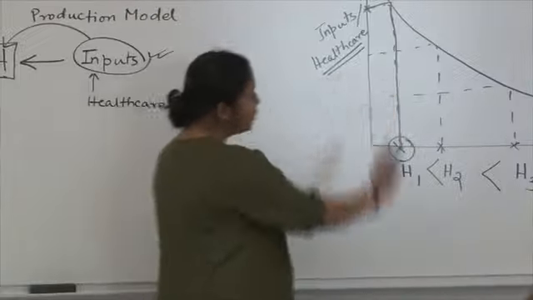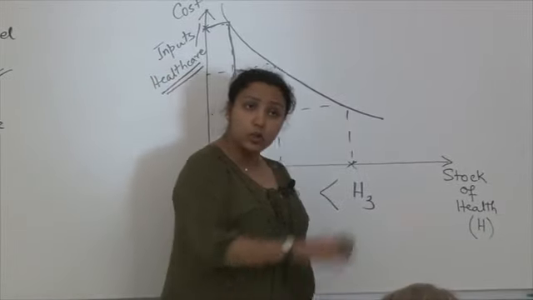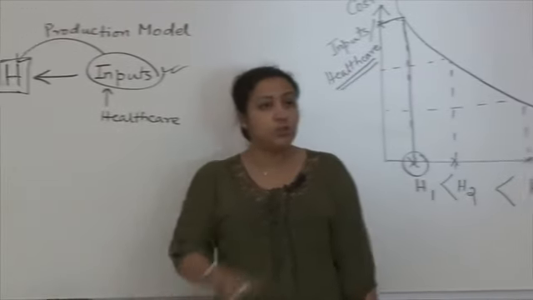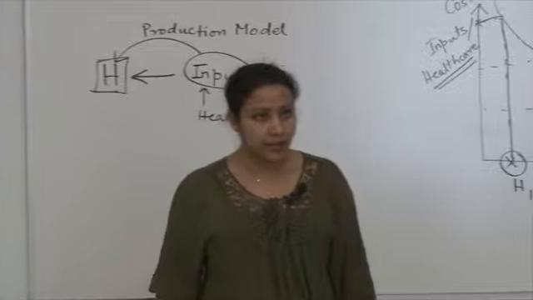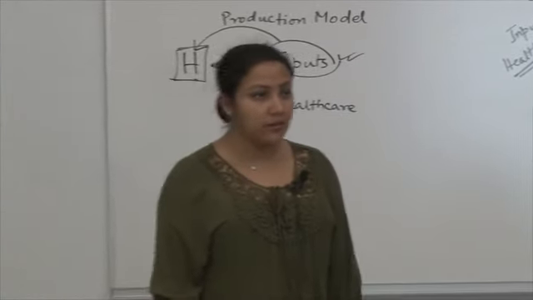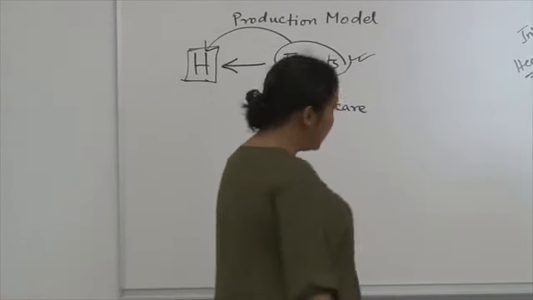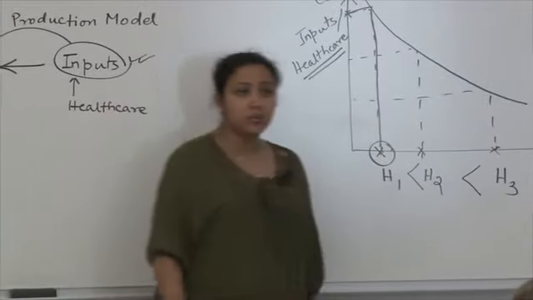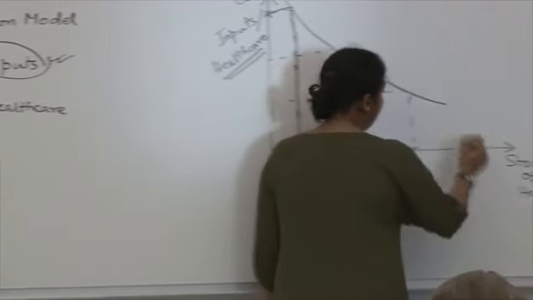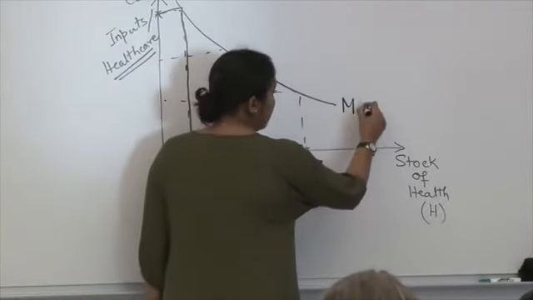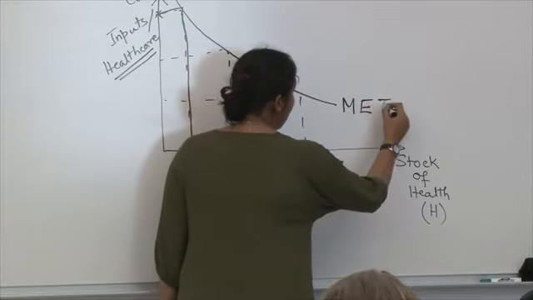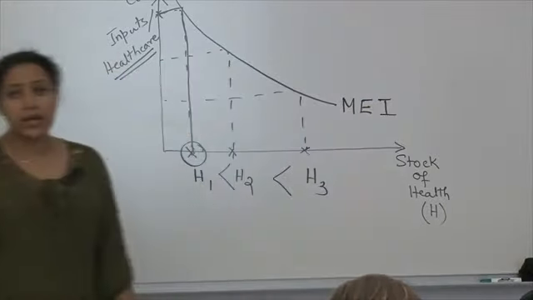Now, this downward sloping line that we have here, you could simply call the marginal benefit curve for healthcare. But we like complicating things as economists, so we give it a technical name and call it the marginal efficiency of investment, or MEI curve.